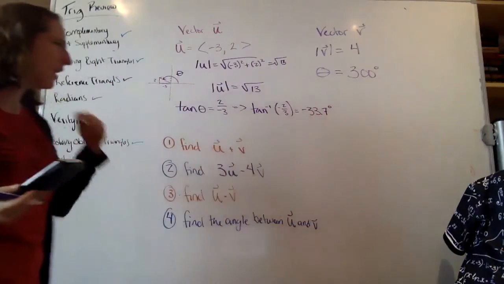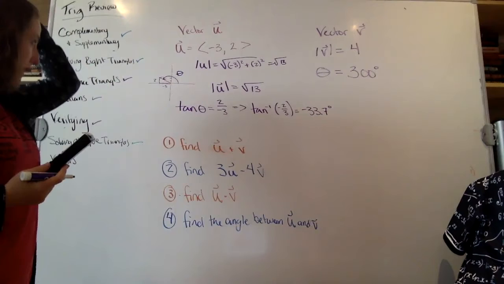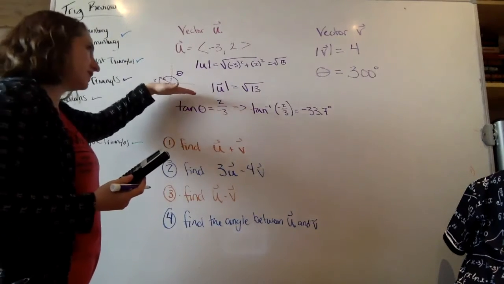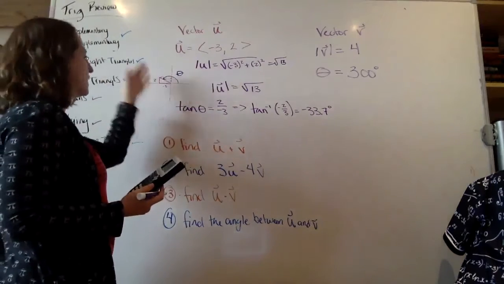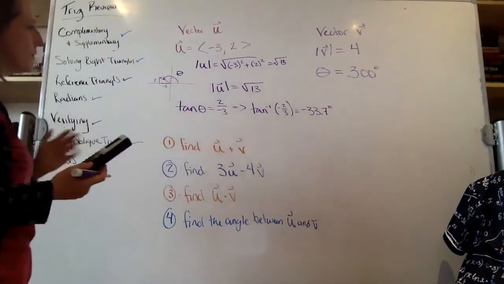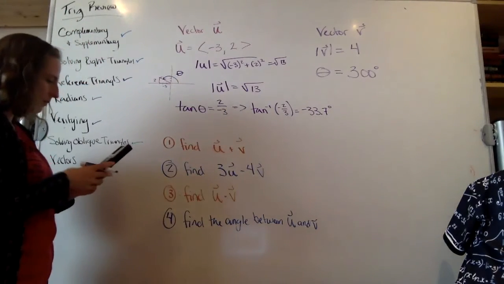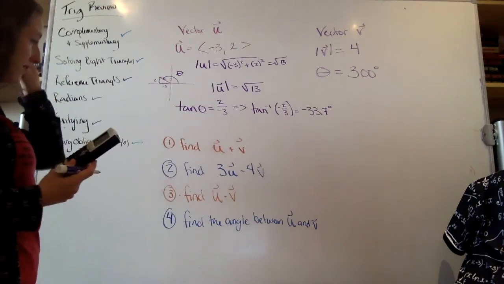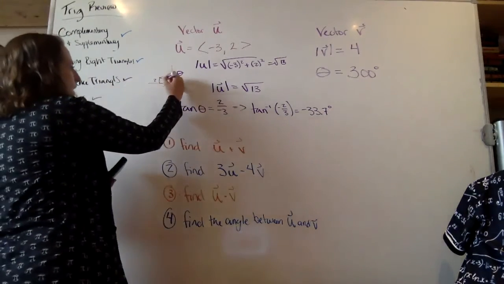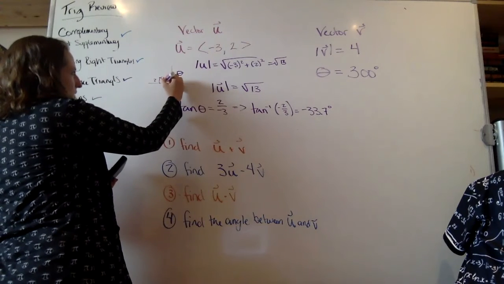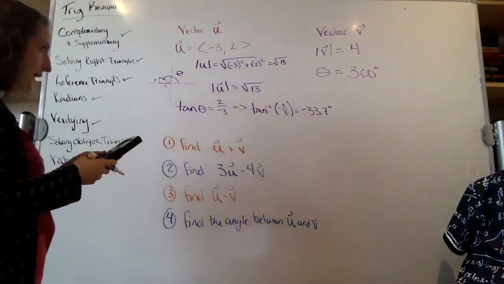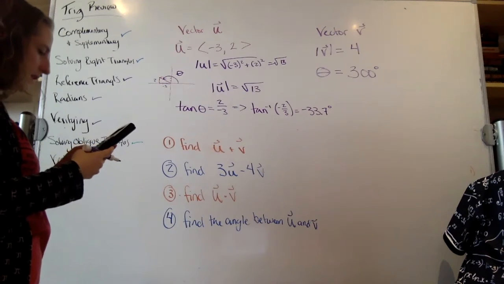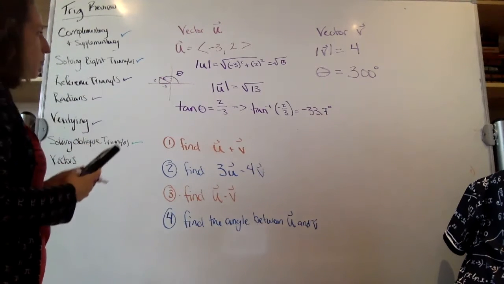Now that doesn't make a ton of sense in terms of what is our direction angle, in that we want our direction angle to be a positive angle. It starts at x and goes over to here. So how can I change that into something that is a positive angle? Well, let's think about this. What is that negative angle giving me? It's giving me this little reference angle here that's going backwards from here to here. So if I take that -33.7 and I add 180 degrees, okay, I get 146.3.